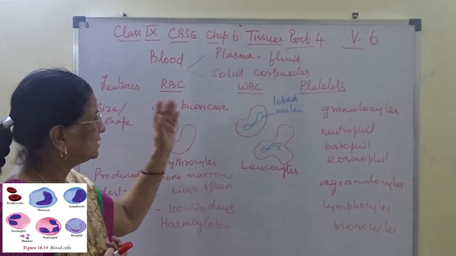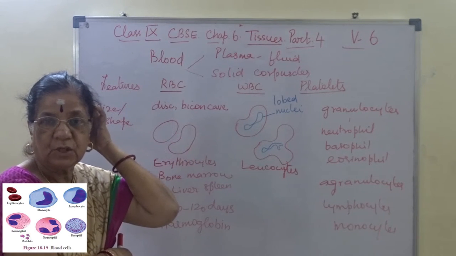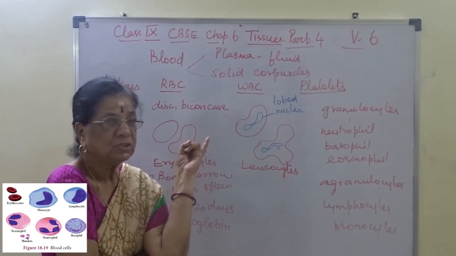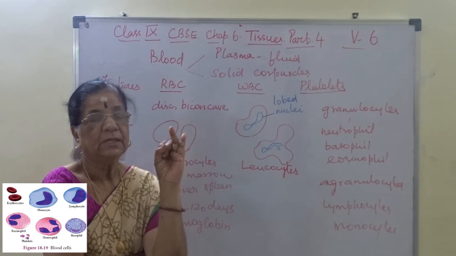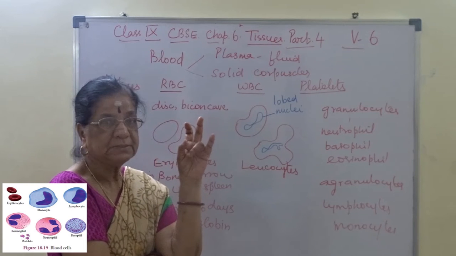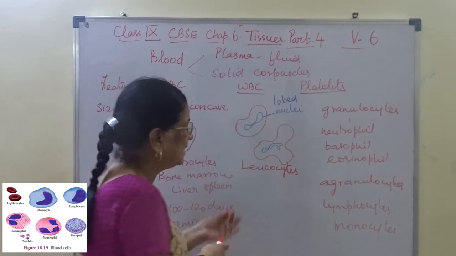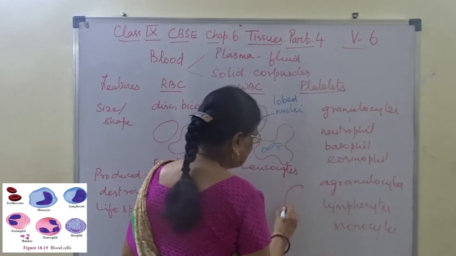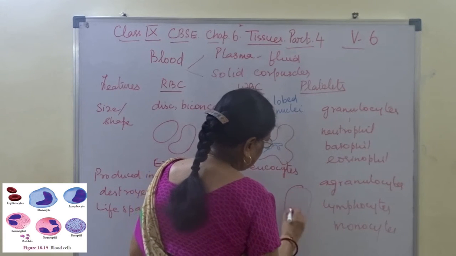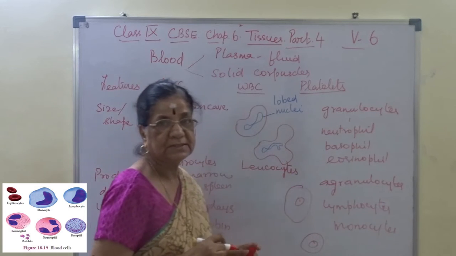So I repeat, WBC in size and shape is first of 2 types, granulocytes and agranulocytes. Granulocytes are neutrophil, basophil and eosinophil, whereas agranulocytes are lymphocytes and monocytes, with the nucleus.